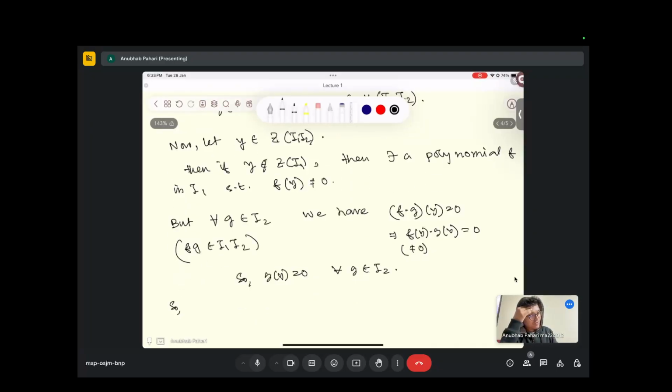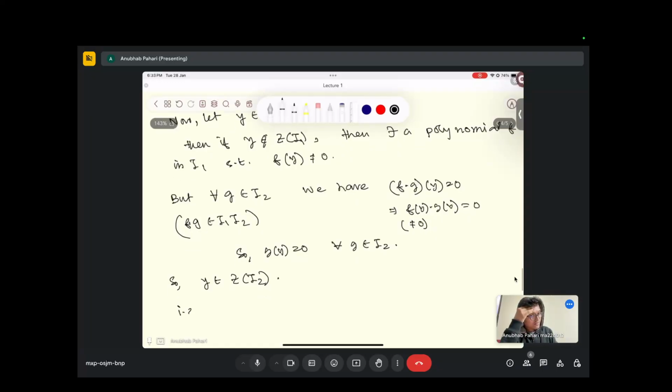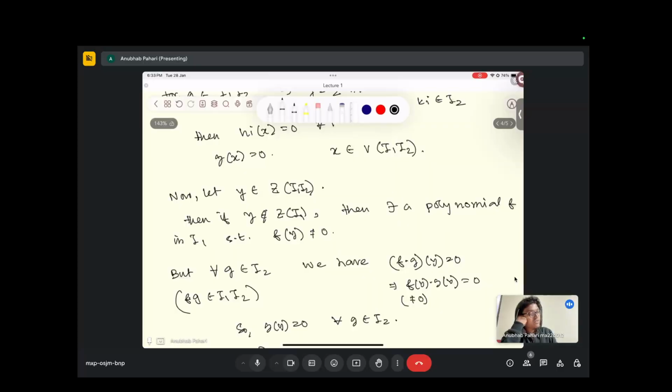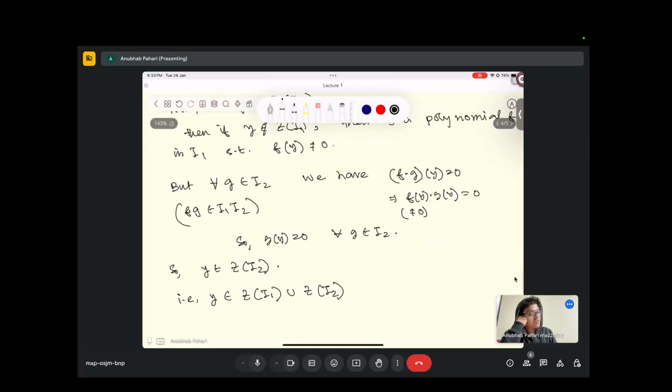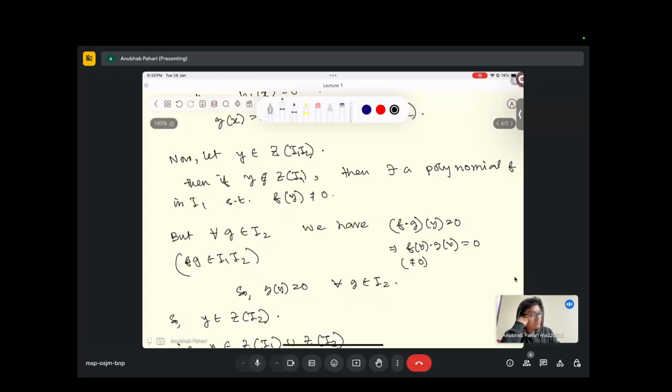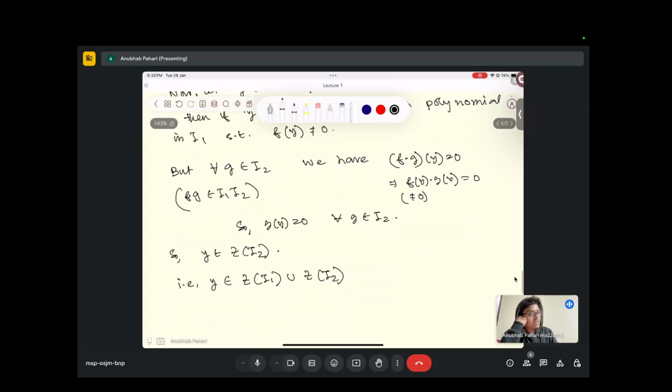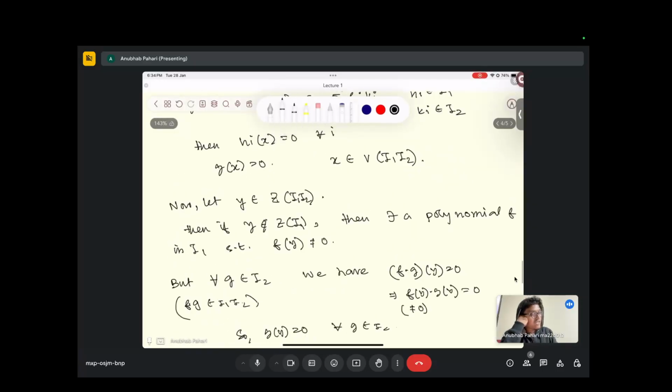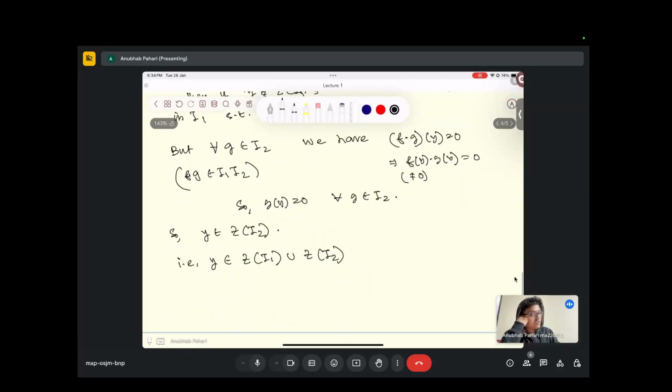So y belongs to Z(I2), that is, y belongs to Z(I1) union Z(I2). I started with y doesn't belong to Z(I1). You can similarly start with y doesn't belong to Z(I2), and you will get that y belongs to Z(I1). So you are getting the other direction, so we are done.